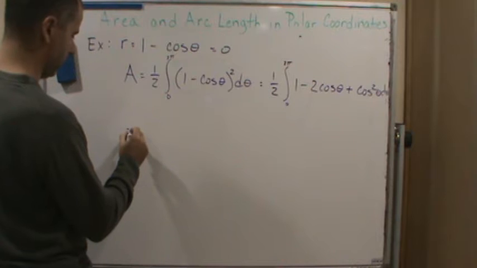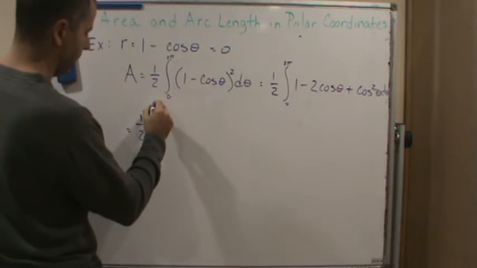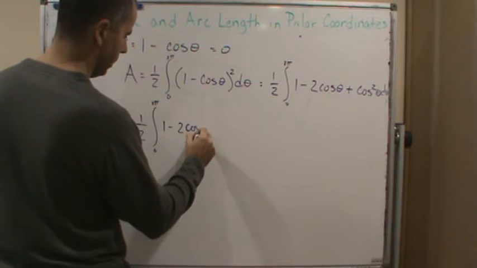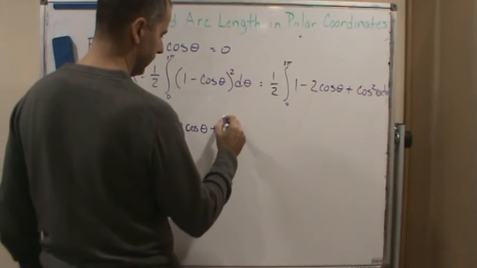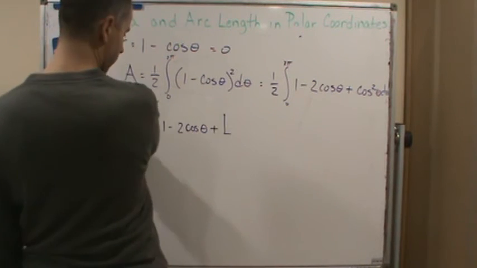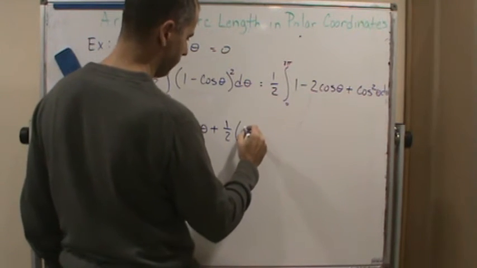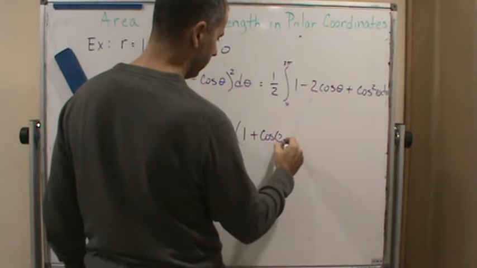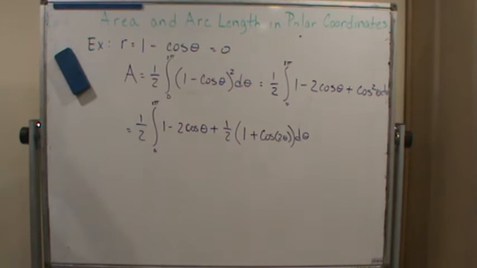So this is going to be equal to 1/2 the integral from 0 to 2 pi of 1 minus 2 cosine theta plus, so this is going to turn into 1/2 times 1 plus cosine 2 theta d theta.